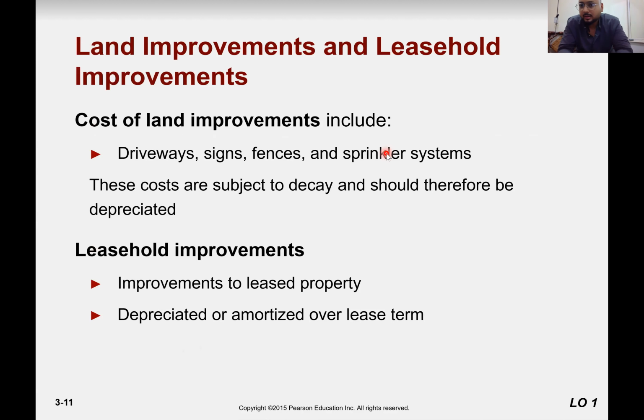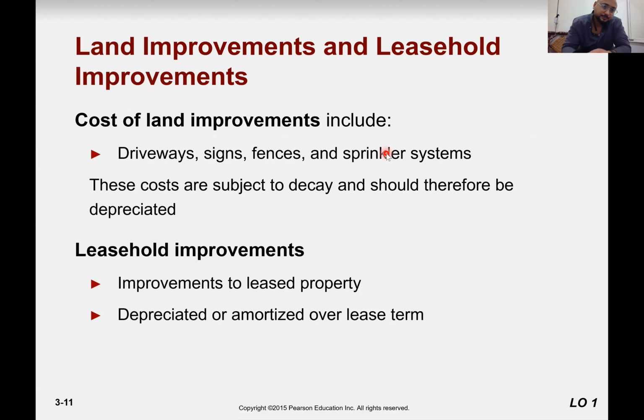All these are called land improvements, and they depreciate. Similarly, anything that you install for the first time, all the costs are the cost of the land improvement, whether you pay freight charges, insurance charges, whatsoever before the first-time usage. We call this cost of land improvement.